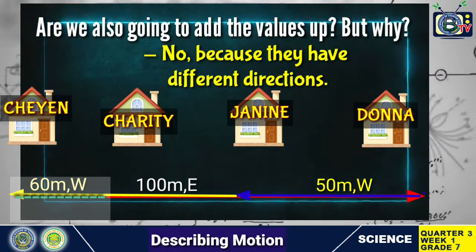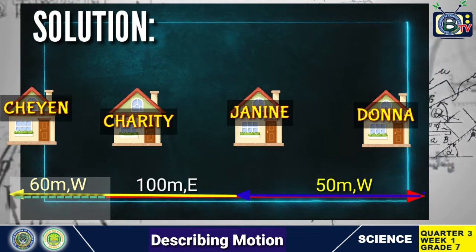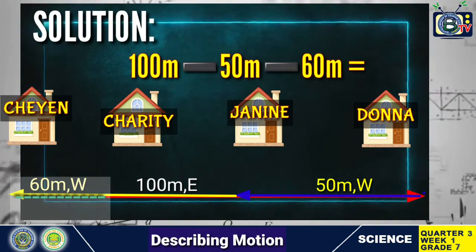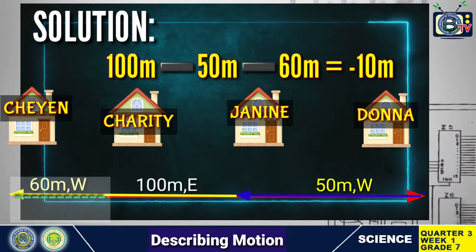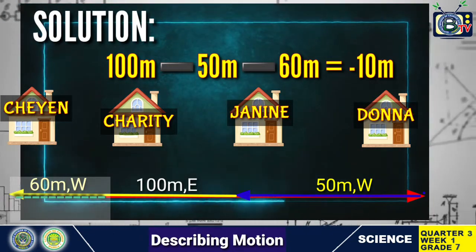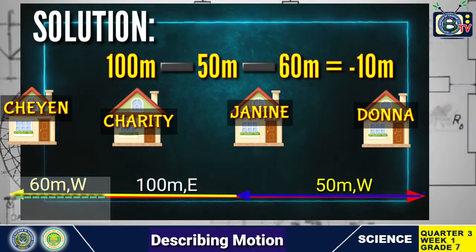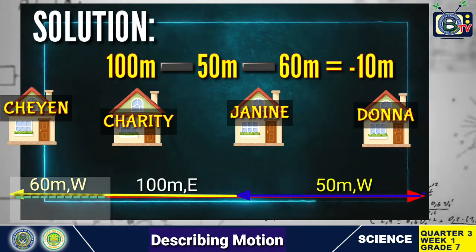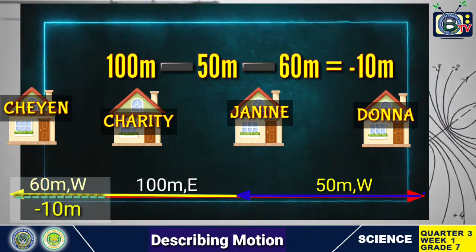So, for our solution, it will be 100 meters east, then subtract 50 meters since it is due west, which is in the opposite direction. Then, subtract another 60 meters because it is also due west. Our displacement is negative 10 meters.